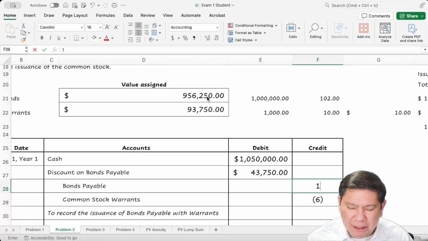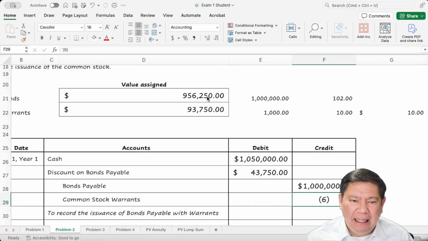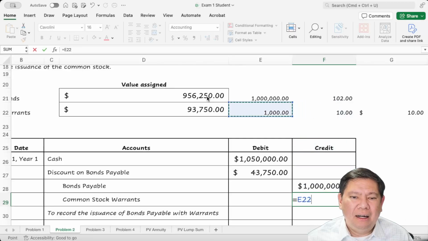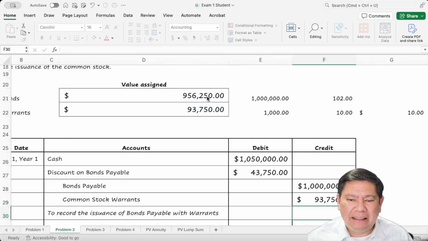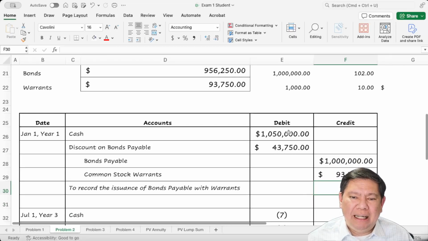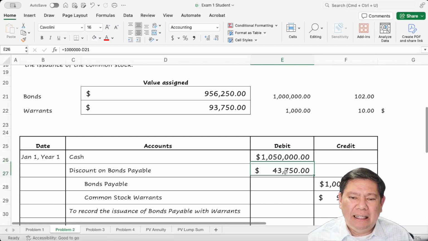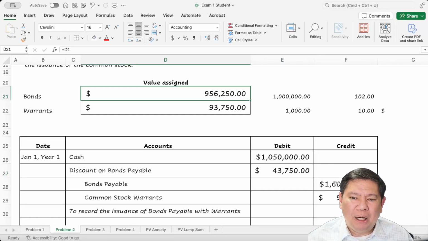The bonds payable at face value is $1 million, and the common stock warrants assigned value is 93,750. Okay, so that's how we prepare the journal entry. We get cash at 105, so 1,050,000. The discount on the bonds payable is the difference between $1 million and the assigned value 956,250, and the common stock warrants is allocated 93,750.